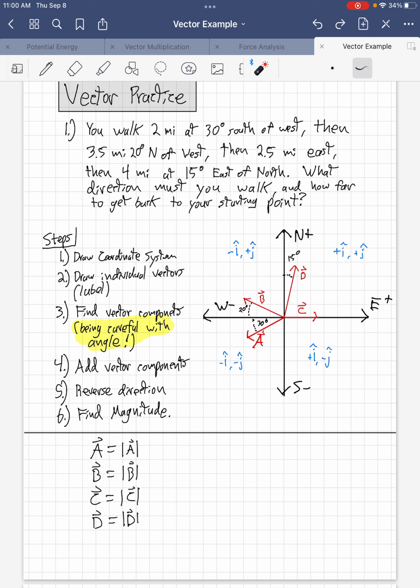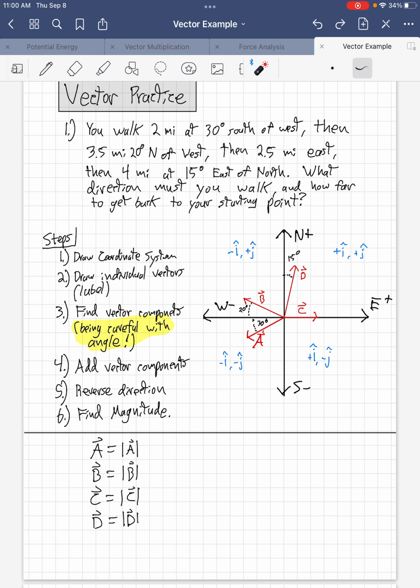All right, so we want to next find the vector components. What is their x component and their y component? We want to be really, really careful with how the angle is defined.